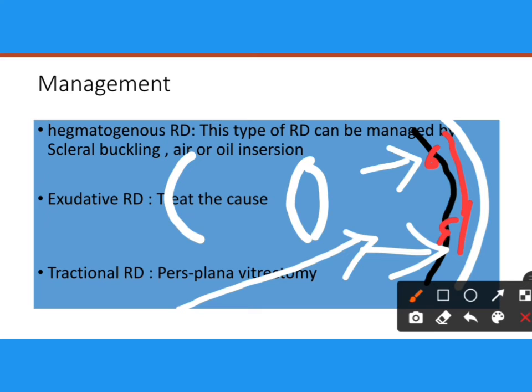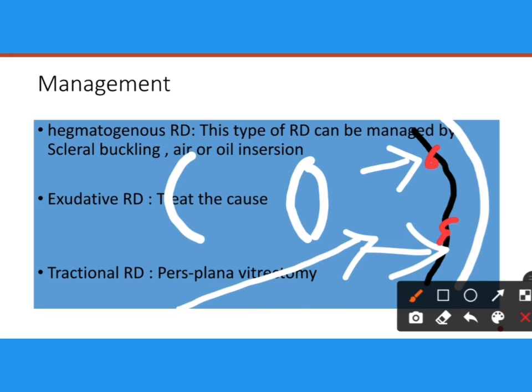That is done with an injection. The fluid inside this space will get removed with the help of an injection, and after that the air bubble is inserted and band buckling is also done to make the retina reattach and to fill this hole on the retina to avoid further RD in the future.